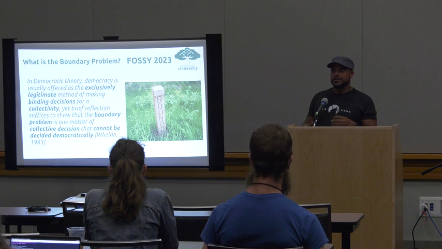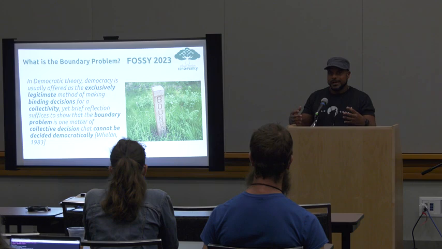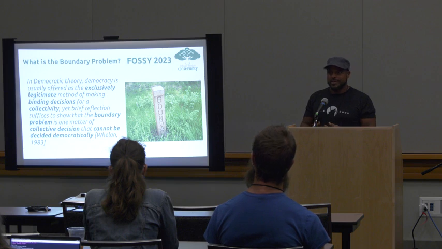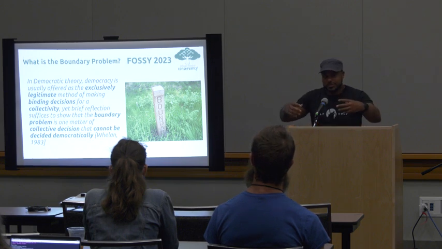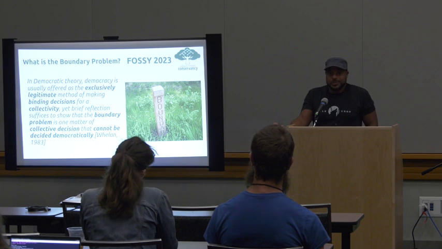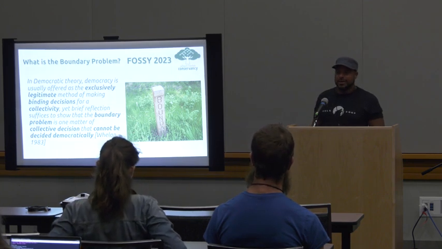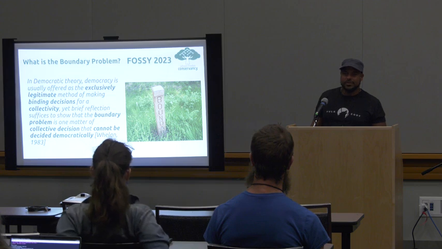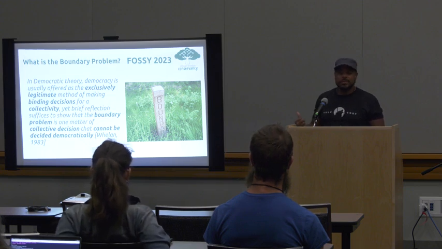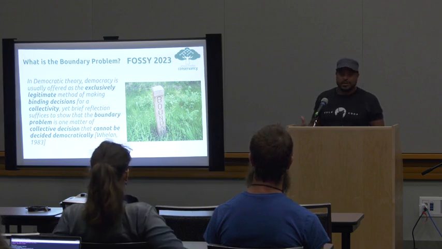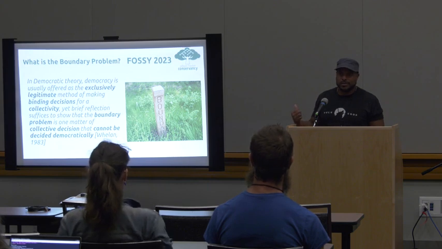Well, if you're deciding who the group's going to be, you have a chicken and egg problem. How are you going to get authority to say who's in this group? You would have to include them in the decision-making process. So you have a nasty little problem here. On one side, people will say, well, this is the reason why to throw it all out, the baby out with the bathwater.